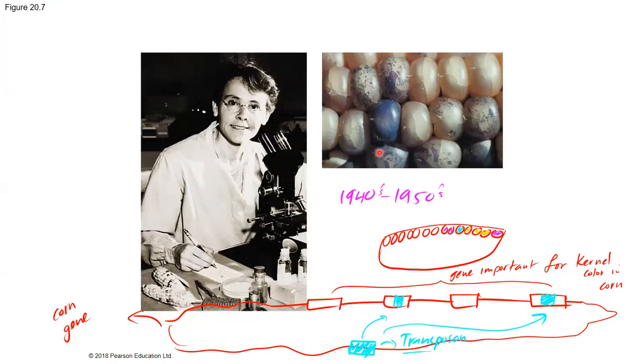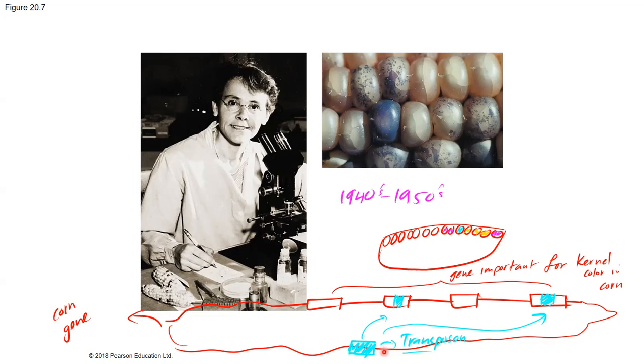Of course, in the 1940s and 1950s, this is an image of Barbara, when she suggested that there are some DNA elements or DNA sequences that can jump from one place in the genome into another, other scientists thought that she was crazy, actually. And they did not believe her.